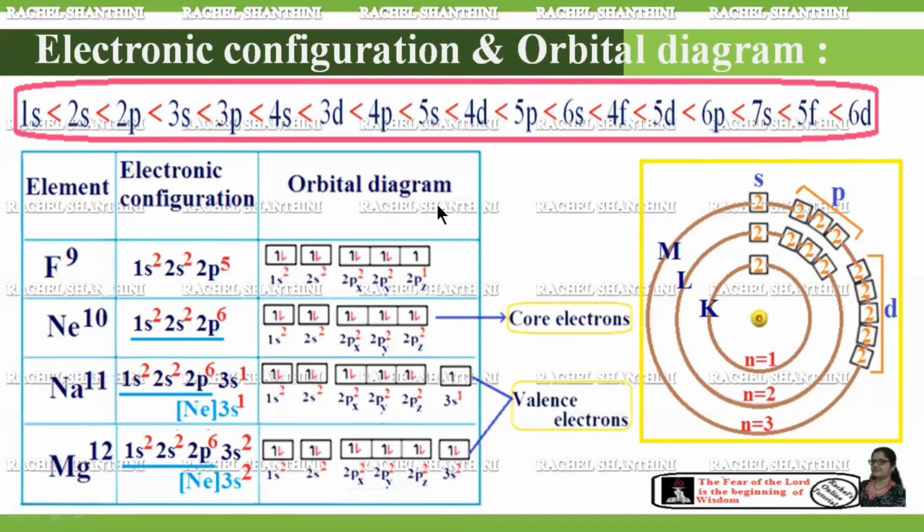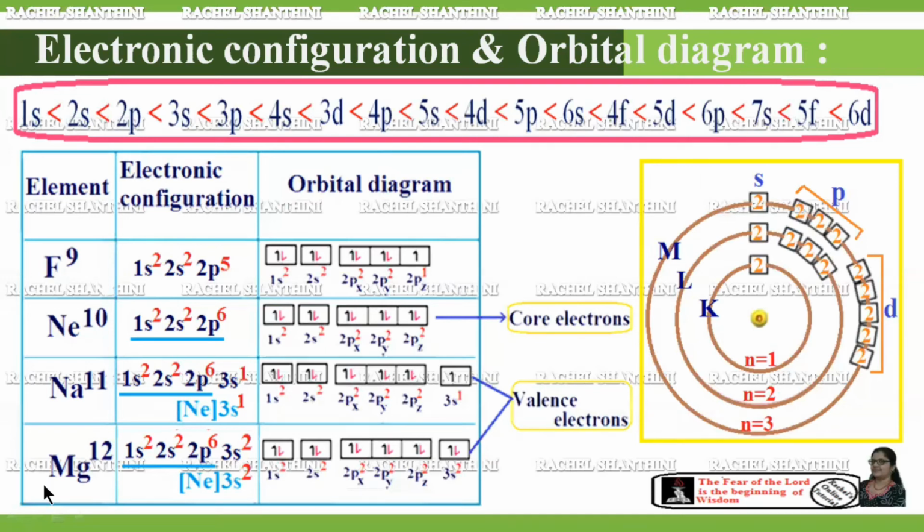To draw the orbital diagram for sodium, as usual, we have to draw boxes for each and every suborbital, and till 2pz, we have the same pattern as that of neon. The only difference is we have one excess orbital, that is the 3s orbital here. So we need to draw one box for 3s, and one electron is there. So we need to draw one upward arrow mark, which represents the positive spin of the electron.